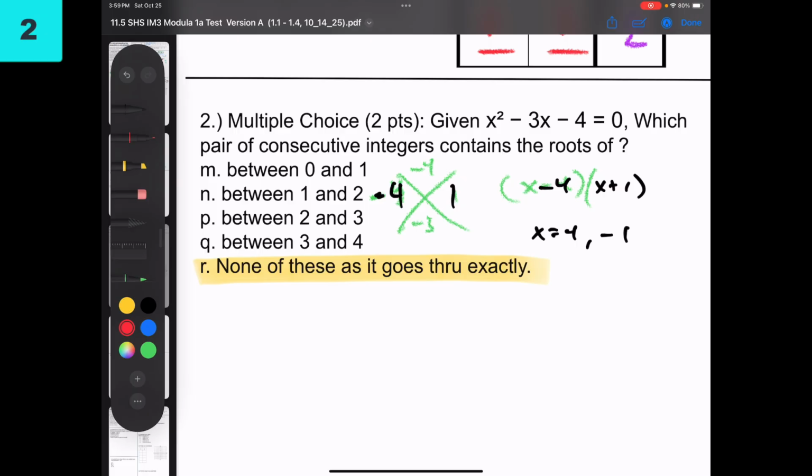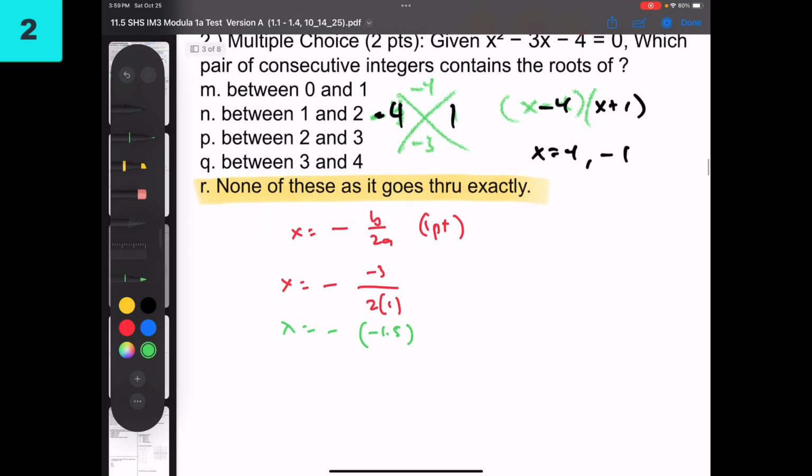Now, also, if you just did A, B, and C, find the axis of symmetry. If you had that formula down, I gave you 1 point there. Your B value is negative 3. Your A value is 1. So you will get negative 1.5, so that would be x equals 1.5.